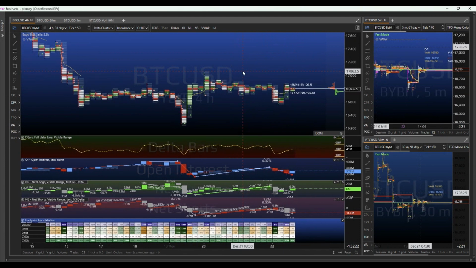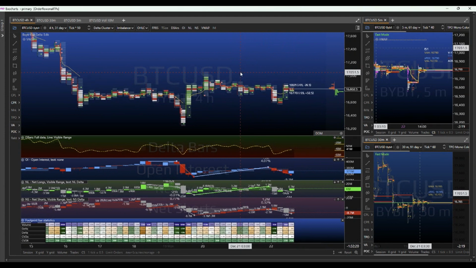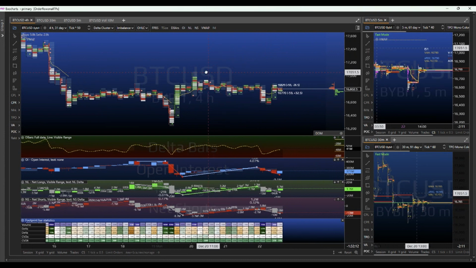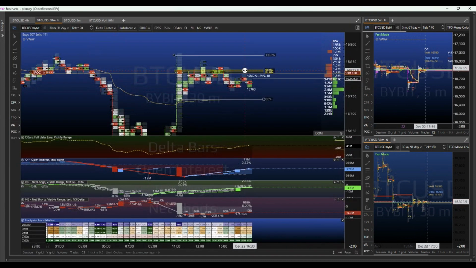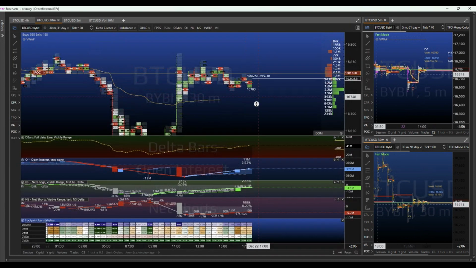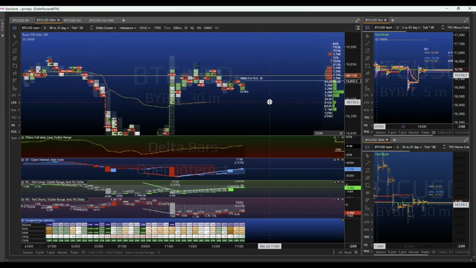Just let me know in the Discord. If you end up downloading Exocharts, like I said earlier, and you have any questions, or if you want this template that you're looking at right now, I can share it in the Discord for free. Any of the templates, I got them for free.